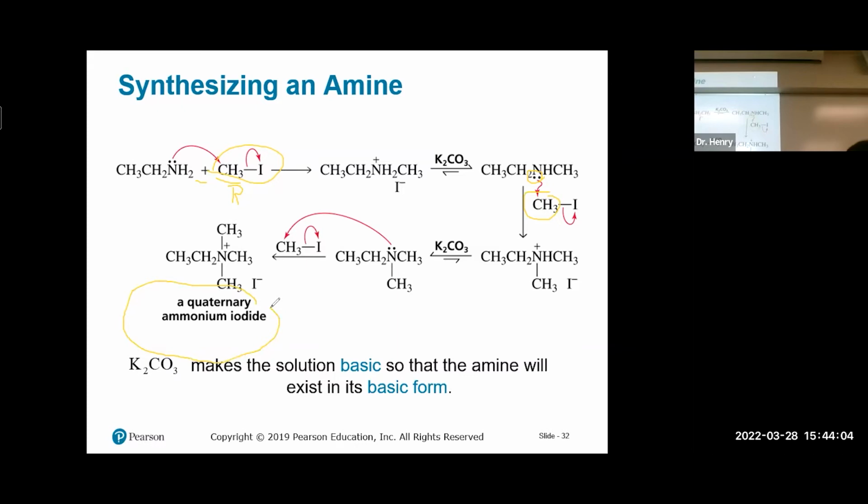But that has to take place in a basic solution. So a basic solution is going to drive the formation of the quaternary ammonium iodide. Okay, so in this case, this guy is going to be a plus charge, this is going to be a minus charge, and this is going to be interacting ionically, right?